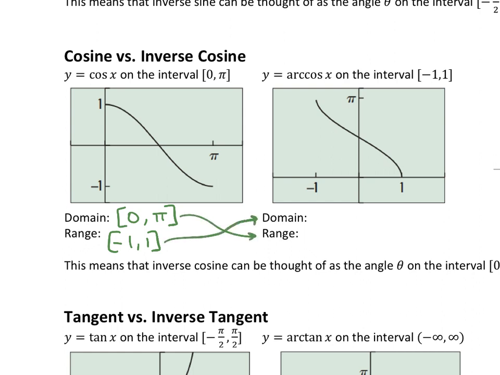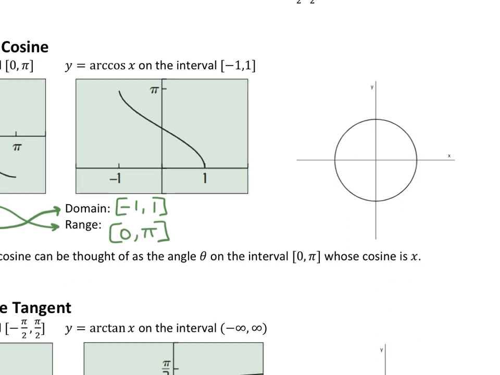Meaning the domain of arc cosine is from -1 to 1, and the range is from 0 to pi. You are allowed to plug in numbers from -1 to 1 into arc cosine. You should get out angles between 0 and pi for arc cosine. If you get something out that's bigger than pi or smaller than 0, you did something wrong.